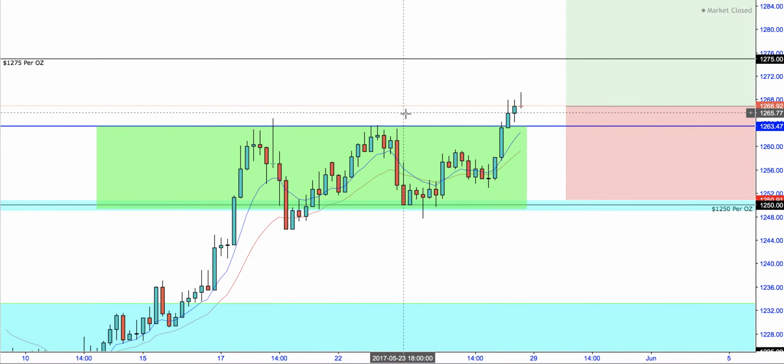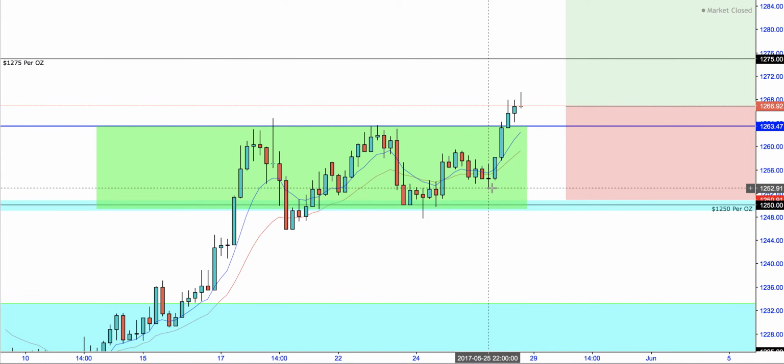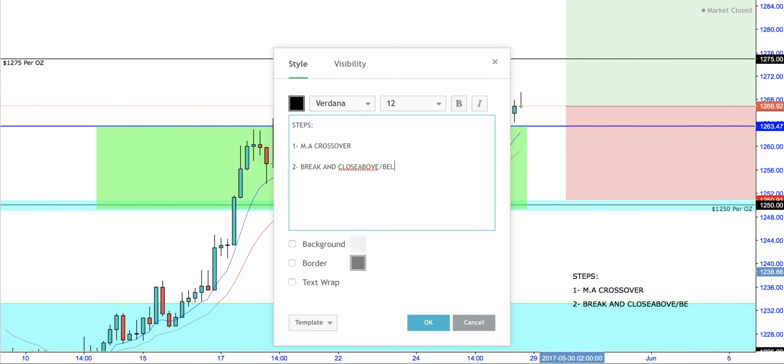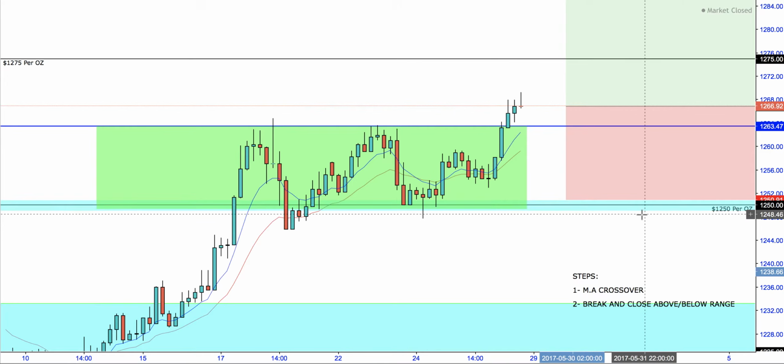Now, what we see in the range is we can use the moving averages with this. So number one, steps. Is this a break and close above or below the actual range?